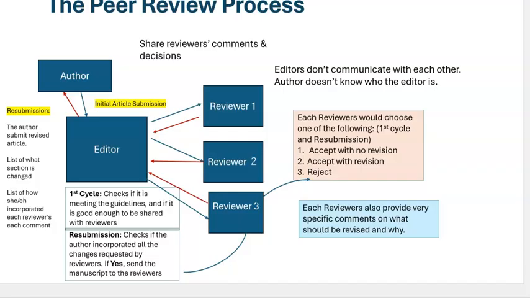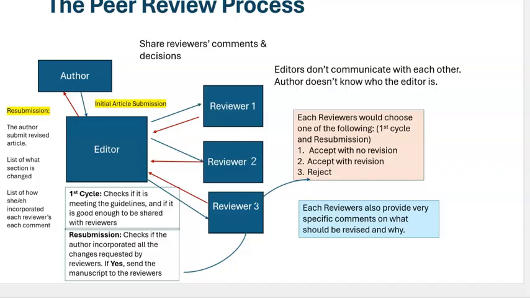If the manuscript doesn't meet the expectation, the editor will reject the submission and communicate the result to the author. If the manuscript meets the basic guidelines and expectations, then the editor will send the manuscript to normally three reviewers, and those reviewers are usually selected by the editorial board members of the journal.